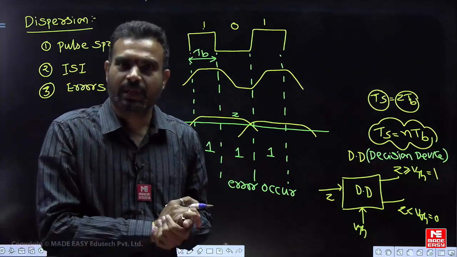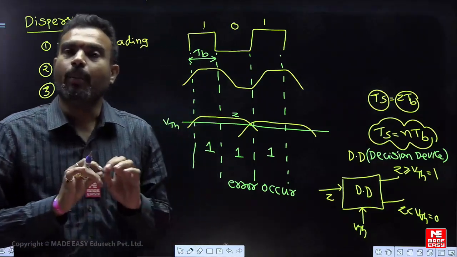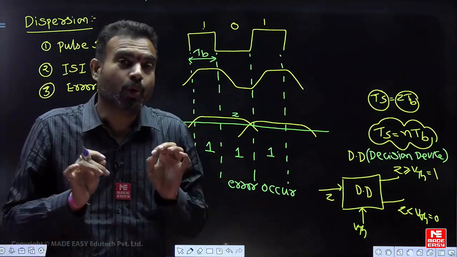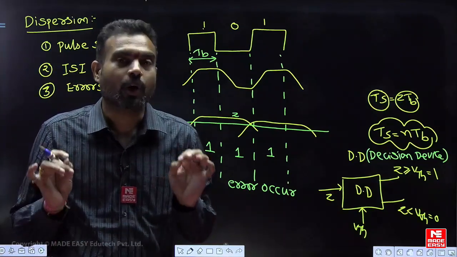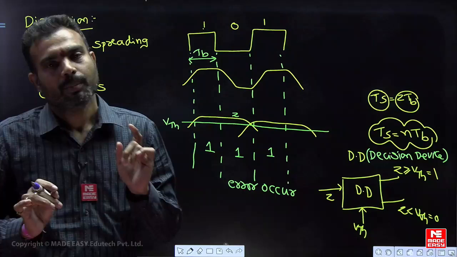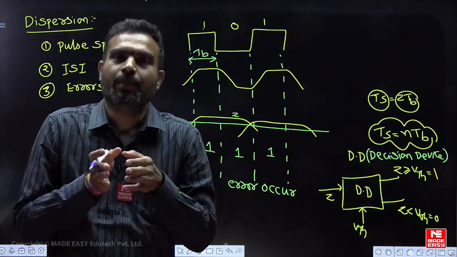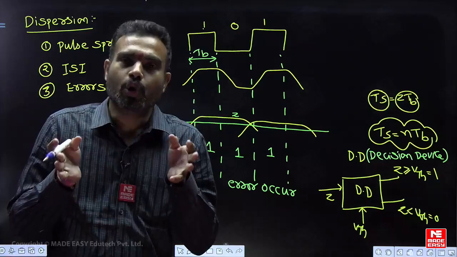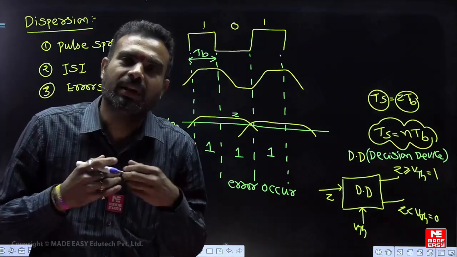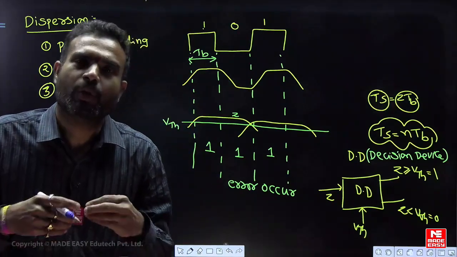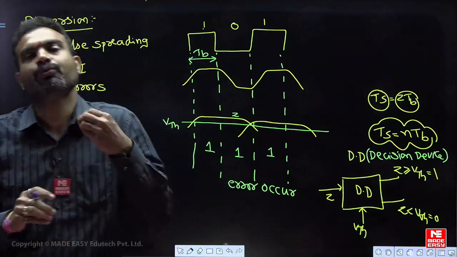Yesterday's class I told you the same thing. If you want to avoid the ISI and you don't want any errors, always use single mode, because multi-mode fibers will create a problem of pulse spreading, because more modes are there, and modes travel with different timings. One will move slower, another faster.